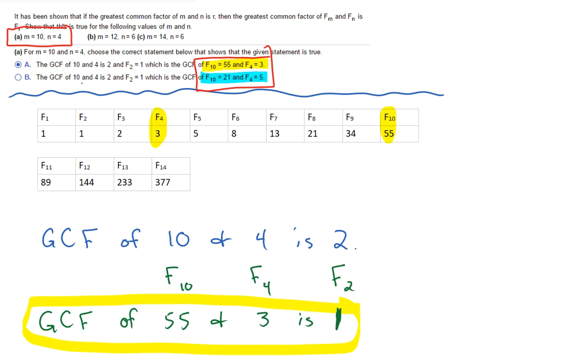And so that means that A has to be the correct statement. So you're not really doing a lot of math with this as much as verifying that they're representing the Fibonacci numbers correctly. You don't have to prove the statement that they're making. You have to select which one is the accurate statement.